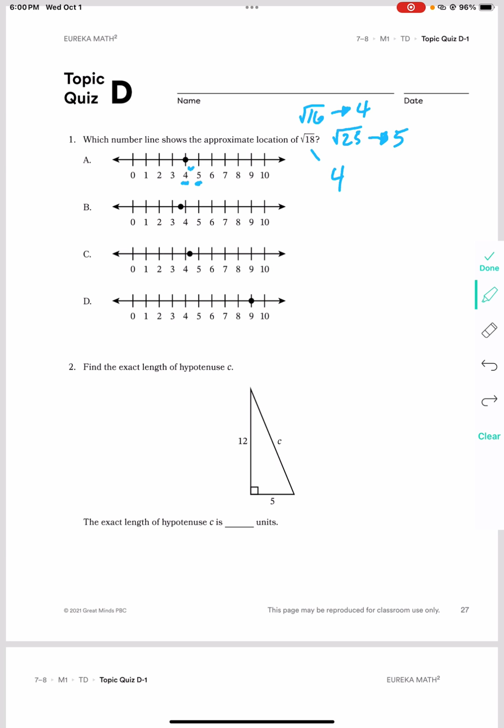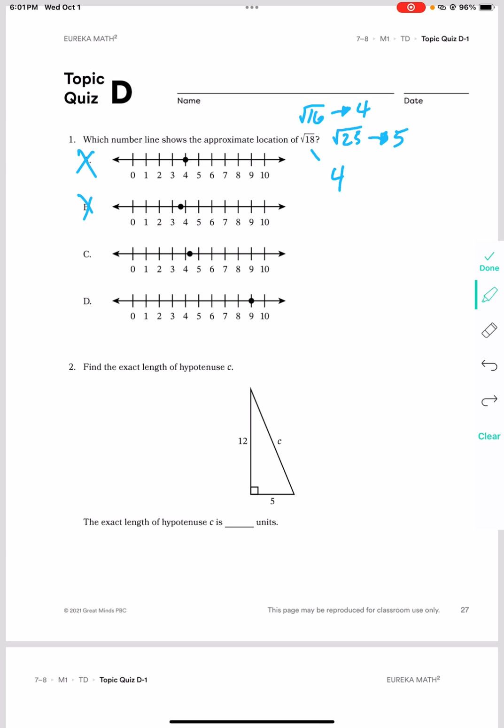Okay, so now just with that information, I can actually eliminate some options. A could be eliminated because A has the point on exactly 4. If the answer was exactly 4, they would be asking me for the square root of 16, not the square root of 18. So I can eliminate A. I can eliminate B because B is in between 3 and 4 and not 4 and 5.